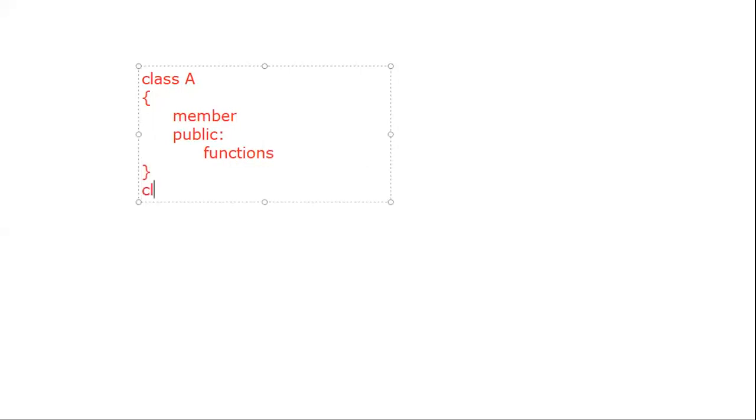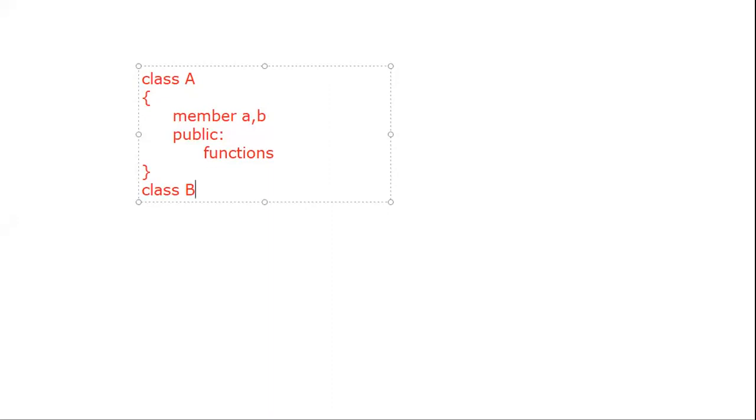Suppose we have to access some data members and functions which are available inside class A. Suppose a comma b, these are the different data members we have to access, this a and b variable, inside this class B. So how are you going to access this?